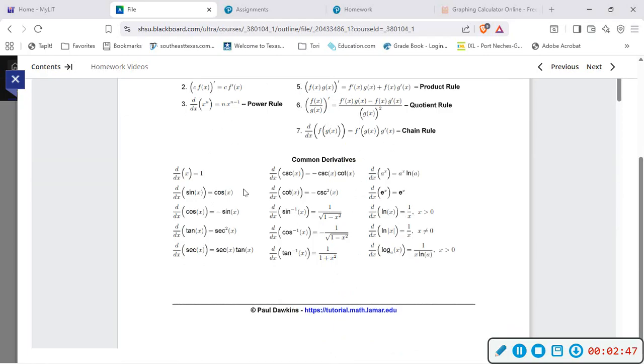All right, so the derivative of cosecant is negative cosecant times cotangent. Okay, so negative cosecant times cotangent.